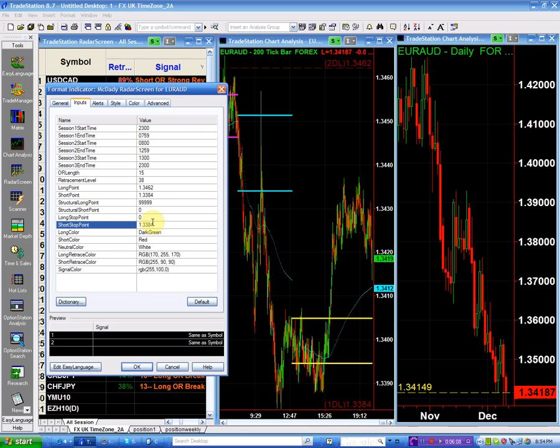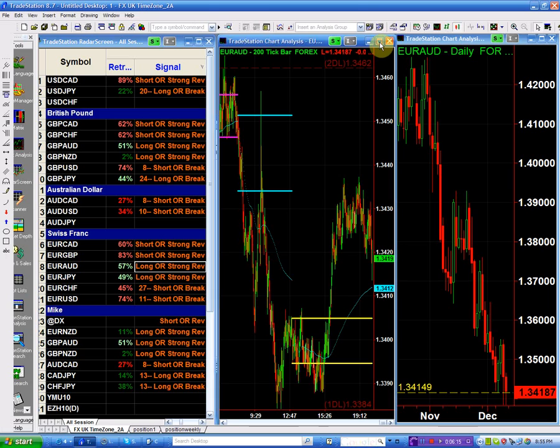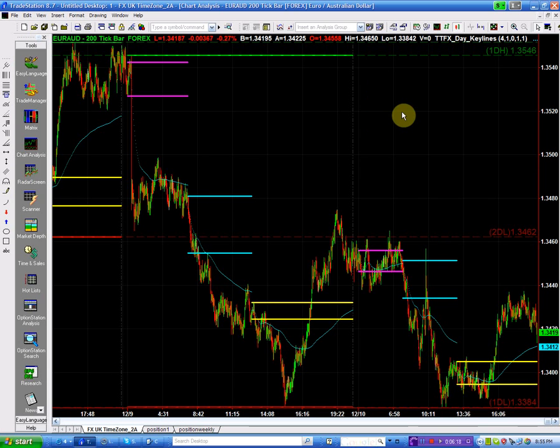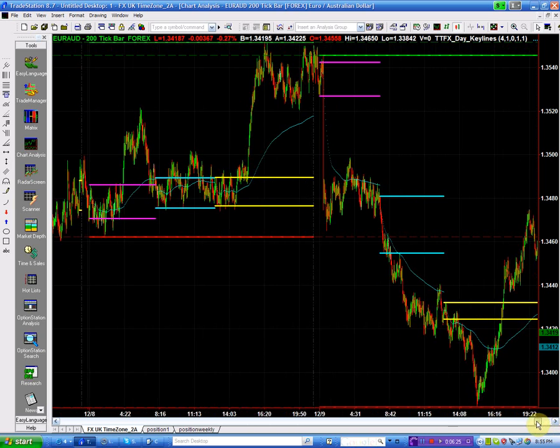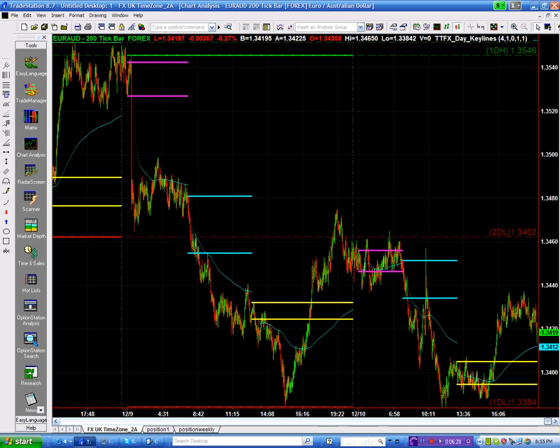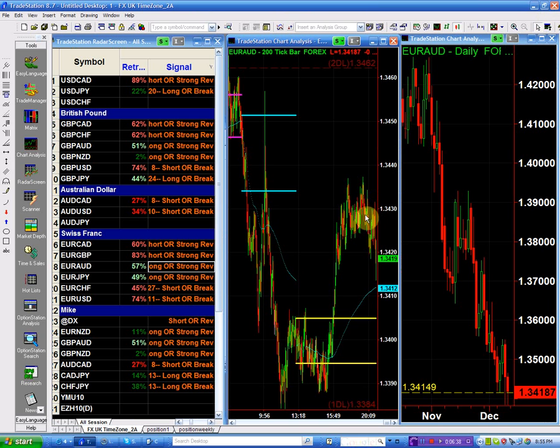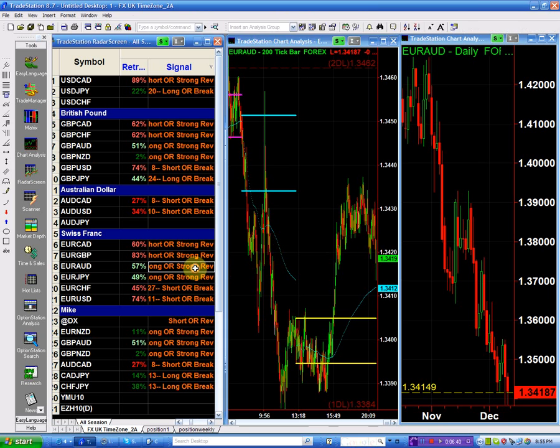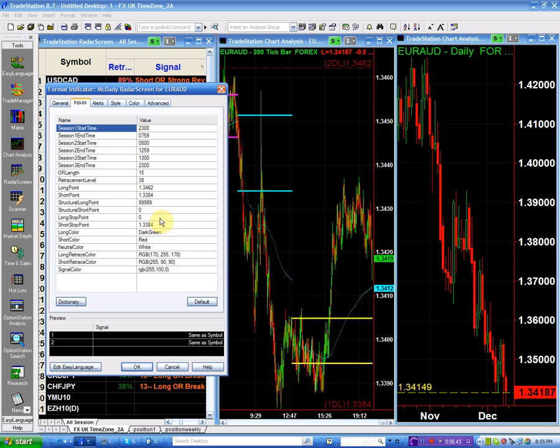Okay. And the long stop, you buy it. There is no real excitement in taking the Euro Aussie long, but if you do, you want to place a tight stop on it because you don't want it to reverse back on you too much.